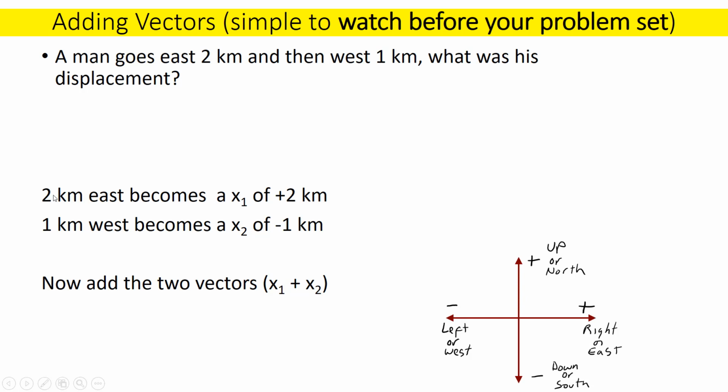So we're going to say this is not just 2 kilometers east, but plus 2 kilometers, where the plus is a sign for that east. And then for 1 kilometer west, instead of saying west, we're going to say that's a negative. So now we call this adding vectors, even though we're adding a positive to a negative value. Here are two vectors that we're going to add together. We turn the directions into signs, and now we can add them.